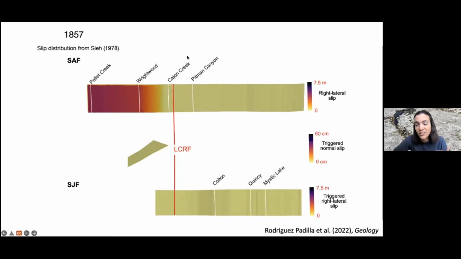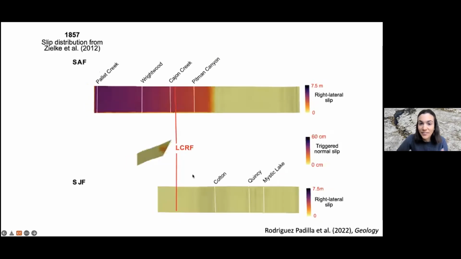I will note that we also allow the San Jacinto fault to slip in response to the slip on the San Andreas. But the color bar is the same as that in the San Andreas. The slip distribution on the San Andreas does nothing to the LCRF, really, and it does nothing to the San Jacinto fault. But there is more data for the 1857 event.